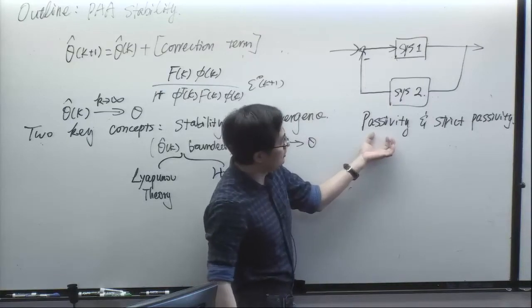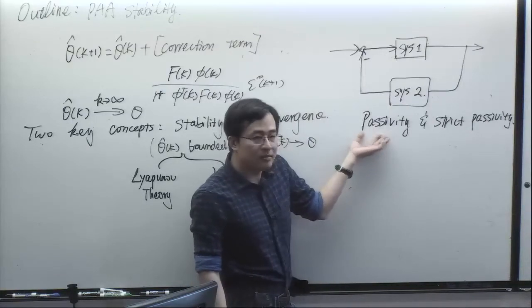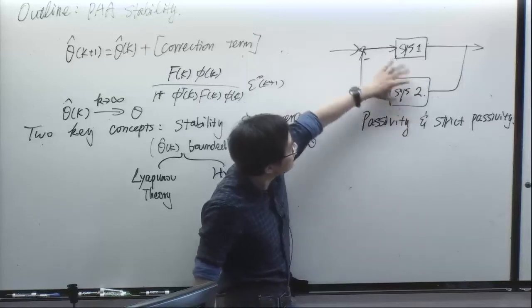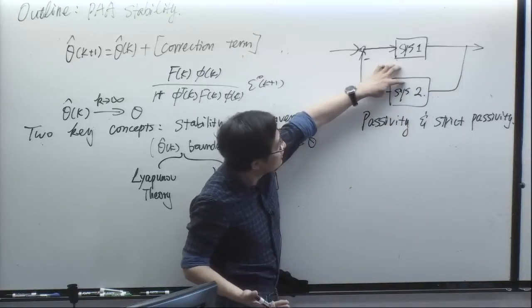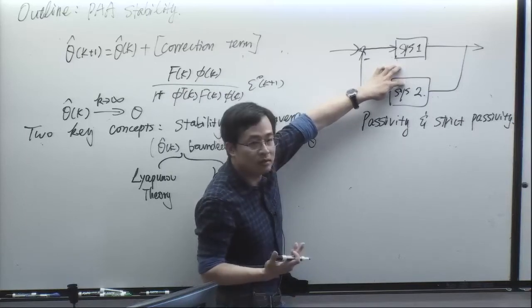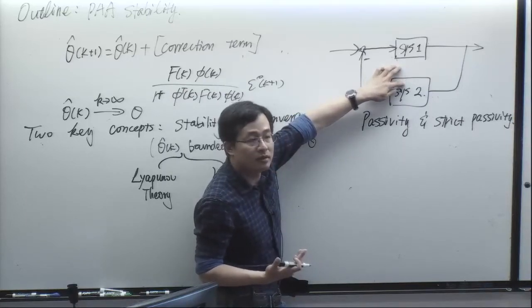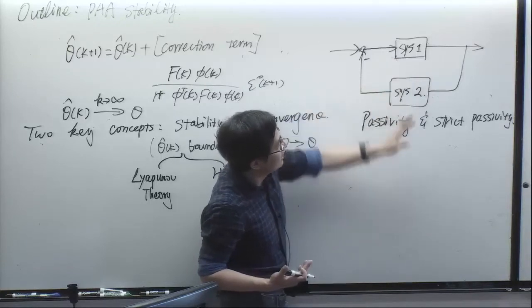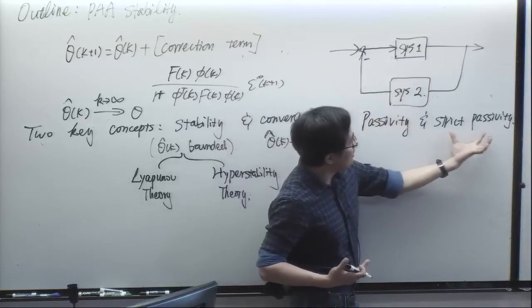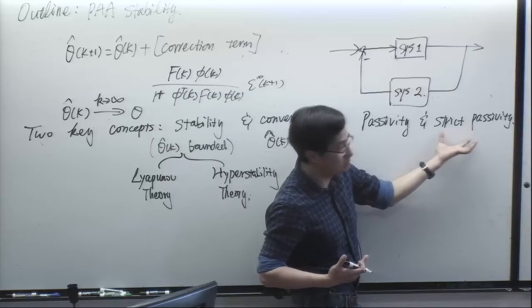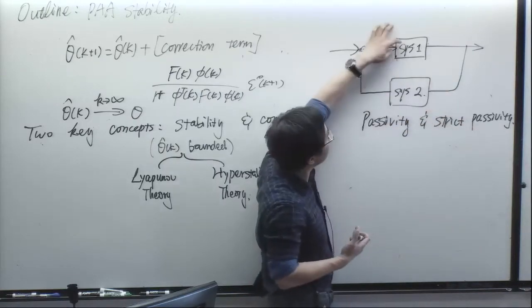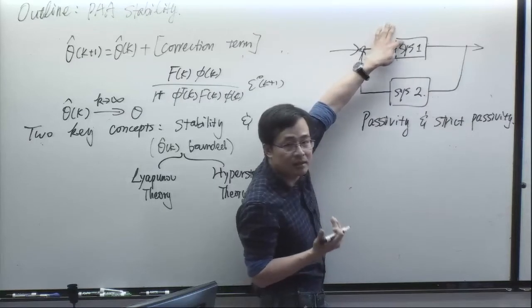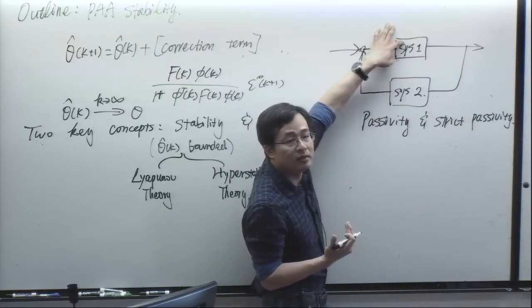Roughly speaking, if we say system 2 is passive, we're saying this system does not generate energy. I'll explain the concept a little bit more by going one more step further. If we say a system is strictly passive, that means the system will dissipate energy.